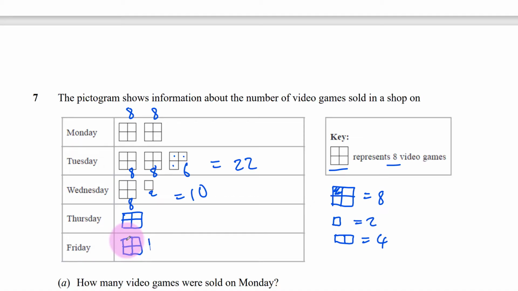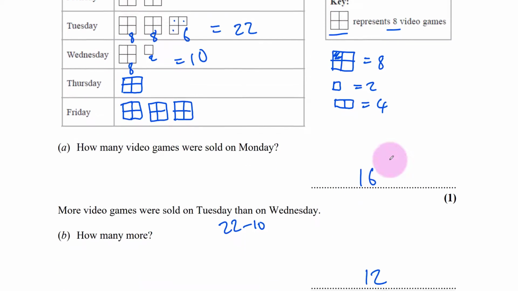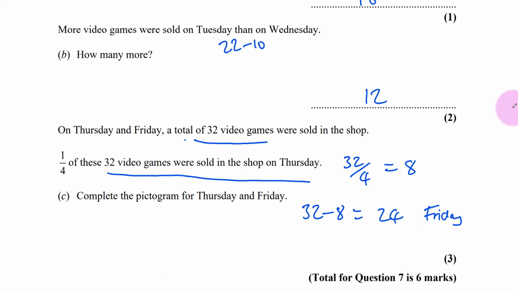That's 8, 16, 24. And you can see how easy that is to get all those marks.